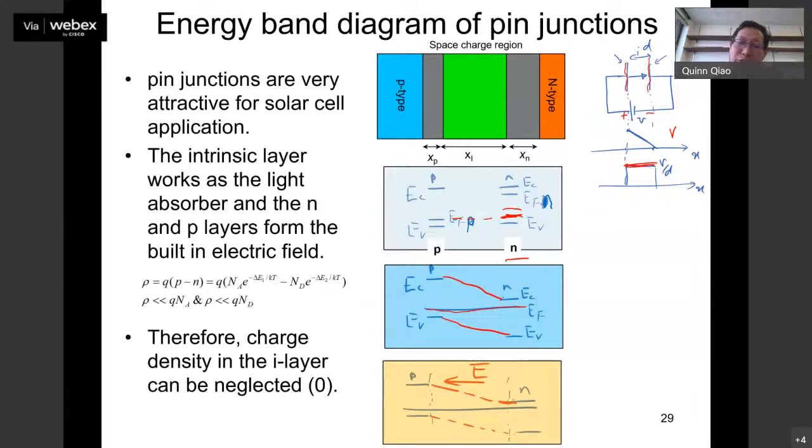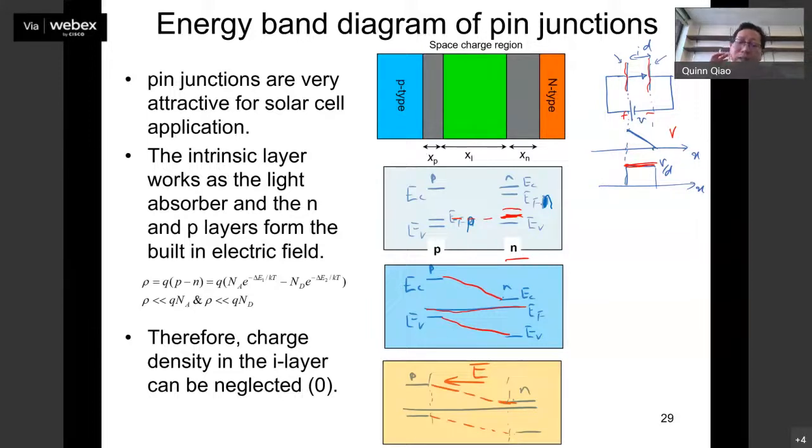Now the electric field is from left to right. The reason is the same concept as we discussed before: on the N side you have a lot of free electrons, negative charge. On the P side you have a lot of free holes, positive charge. When the positive charge from the P side recombines with the negative charge from the N side, what is remaining there?